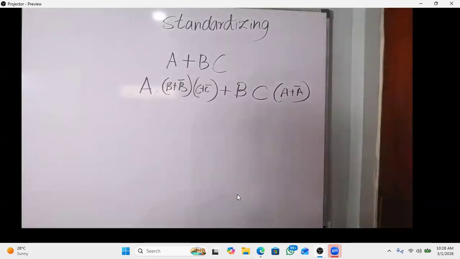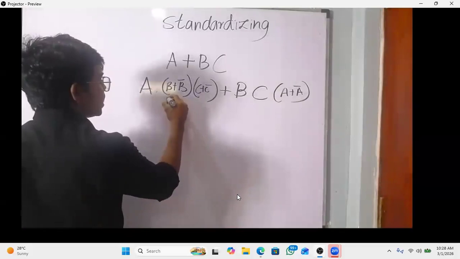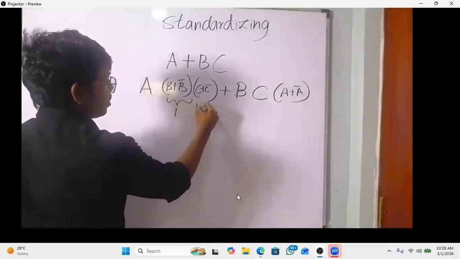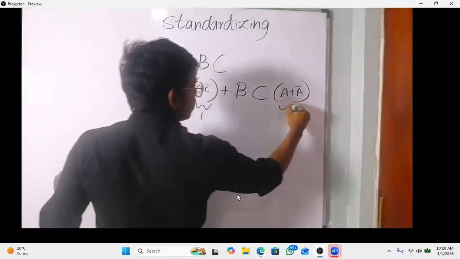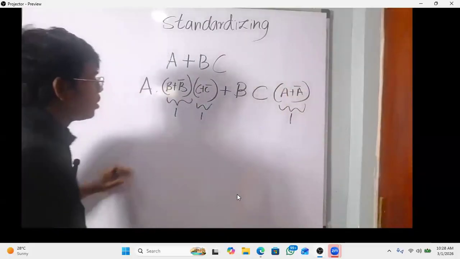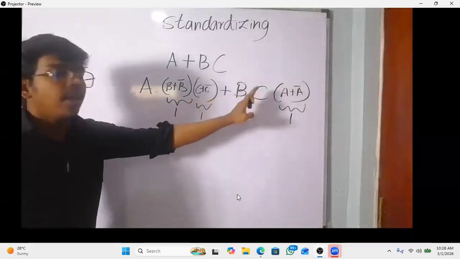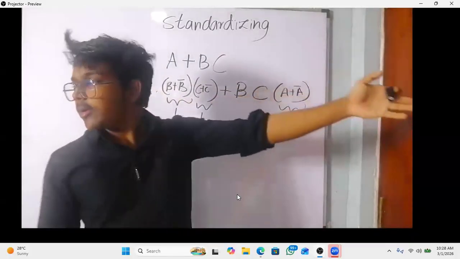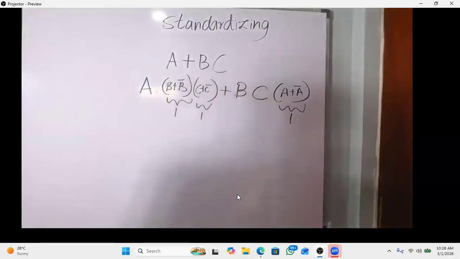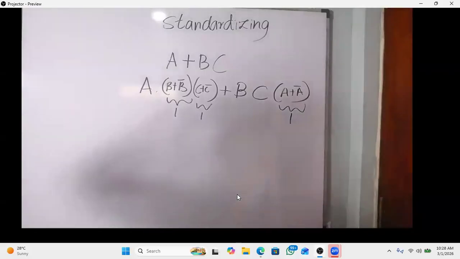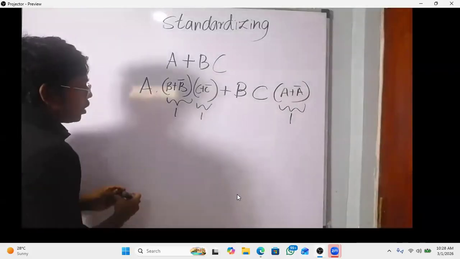These are ones. I just added ones in a separate way. This is also 1. This is also 1. So multiplying any number with 1, that is that number. So no issue. Right? So the value didn't change. I just added the letters to each and every min term.